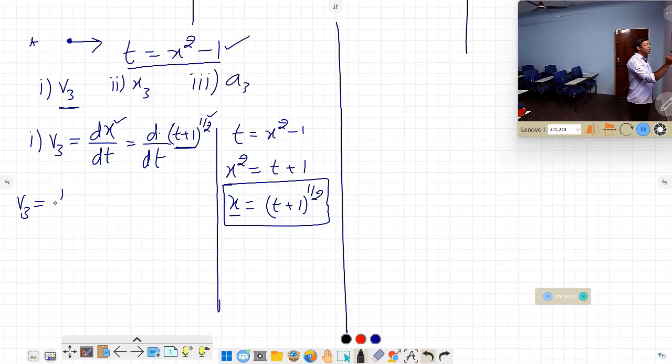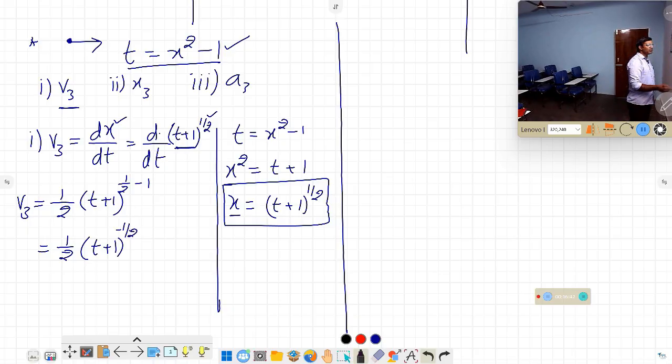So 1 by 2 into t plus 1 whole power n minus 1, where n is 1 by 2, that is minus 1. This is the way you have to solve it. So if you differentiate this one, what equation are you going to get? 1 by 2 into t plus 1 to the power 1 by 2 minus 1. How much are you going to get?